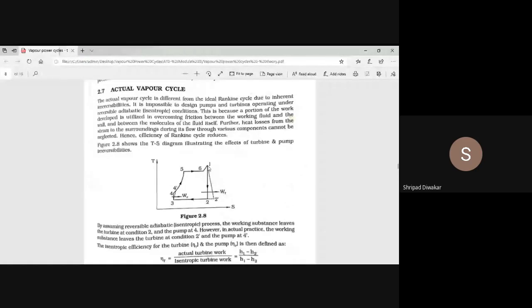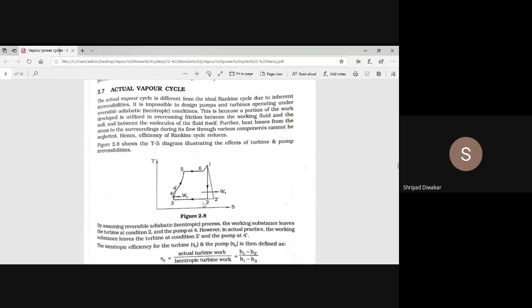Then 1 to 2 is the expansion that takes place in the turbine. First I am explaining the ideal, after that I'll explain the actual. Okay, 1 to 2 is the ideal expansion in the turbine. Then after the turbine, it enters into the condenser, where there is a change in phase from vapor to liquid.